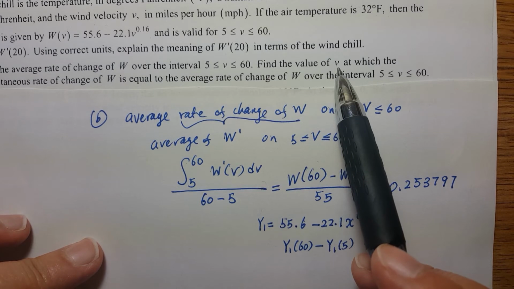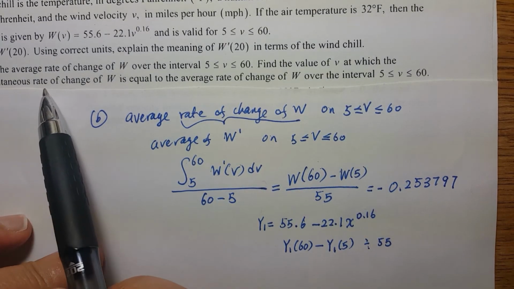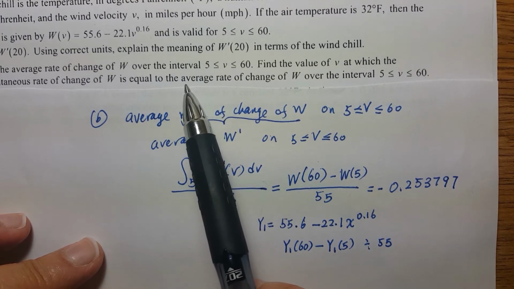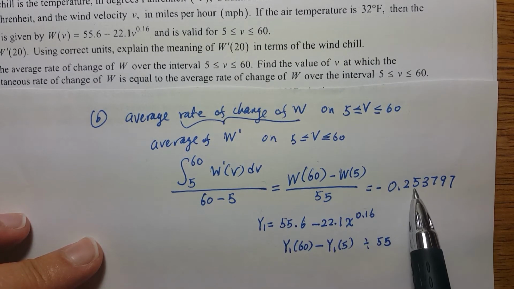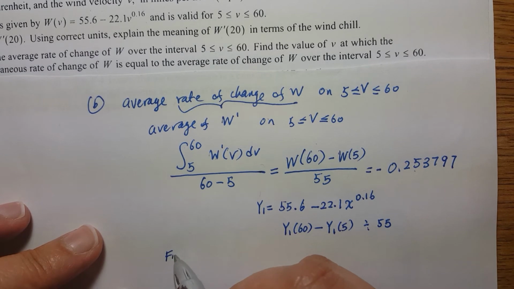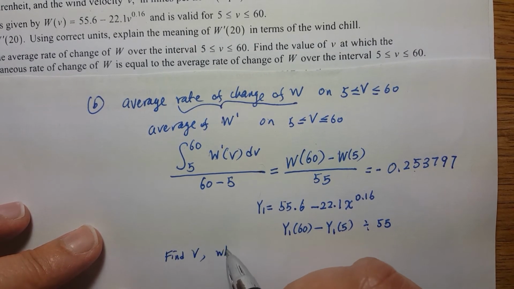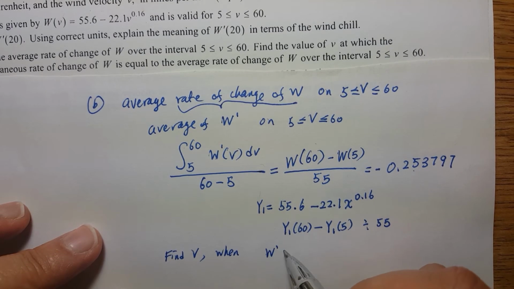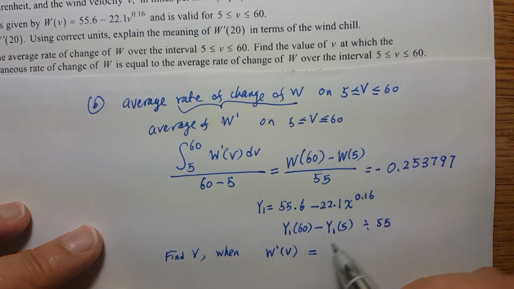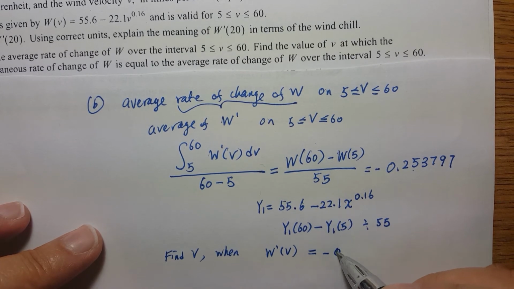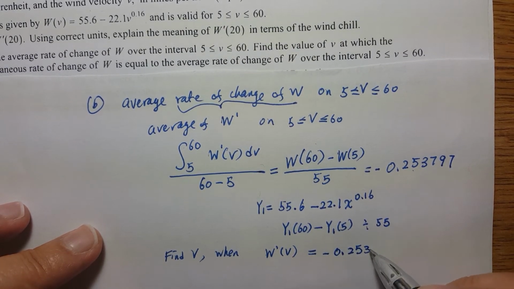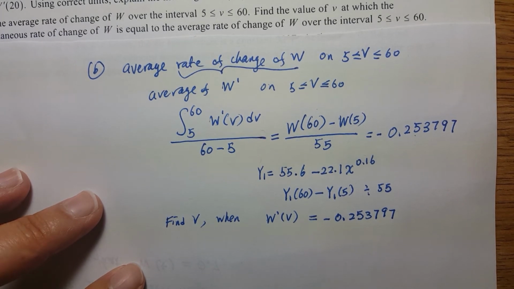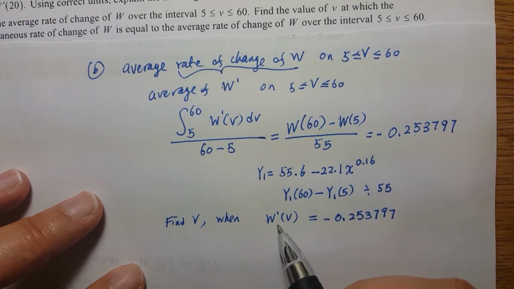Find the value of V at which the instantaneous rate of change of W equals the average rate of change. Okay, so that means this one. So basically find V when the instantaneous rate of change, that means W prime of V, equals negative 0.25397. So we found this one before, okay?